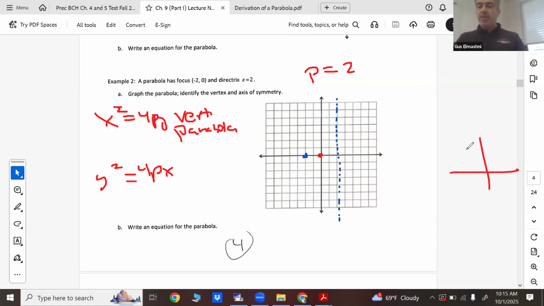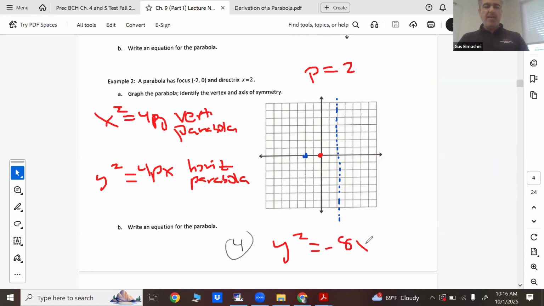If you drew a sideways parabola, those are inverses of each other, just so you know. So that's going to be for a horizontal parabola. But because we're going to the left, not to the right, what are you guys going to say is going to happen here? Yeah, you can make it negative, exactly, because you want to go to the left. You want negative x coordinates.